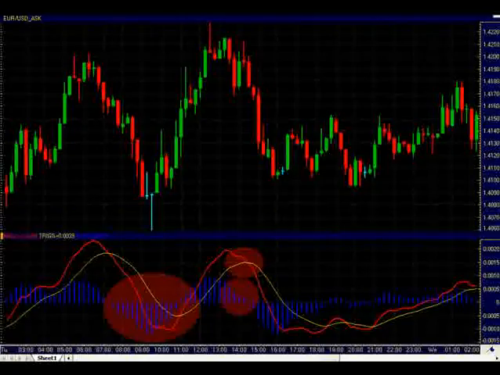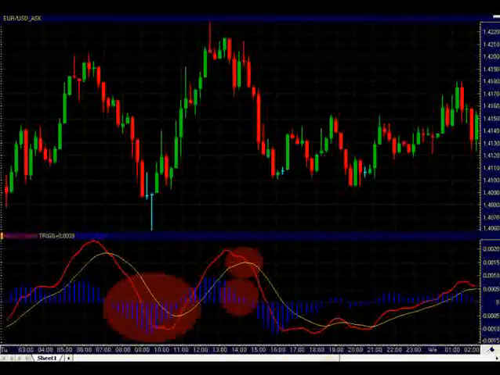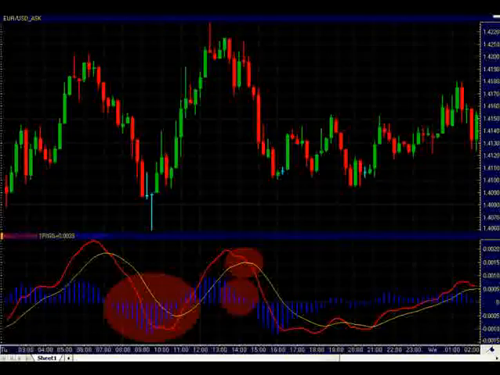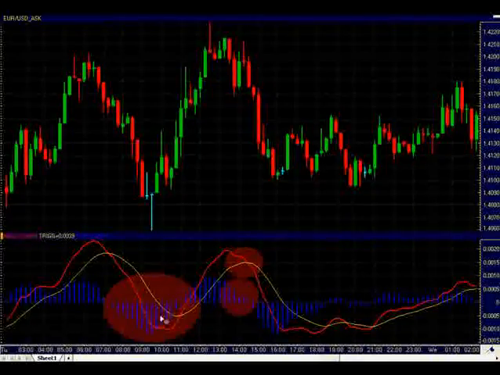All right, so we're going to start off by focusing on pattern recognition. This is very important to this specific system. First and foremost, the way the MACD draws out this area right here, which is the histogram.